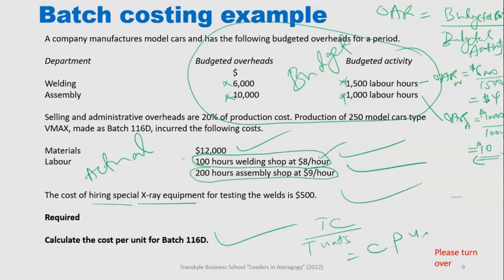So we take these figures, the 4 and the 10, and use them with these figures. The labor for the welding shop was 100 hours. So 100 hours multiplied by $4 should give us the overhead for that department.